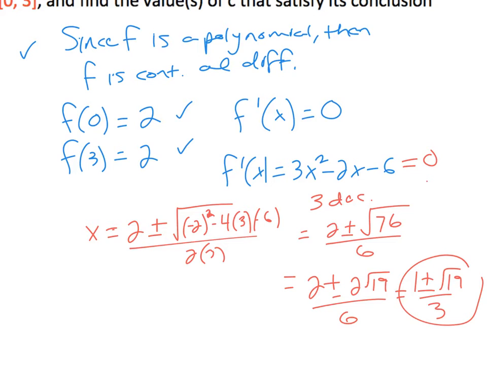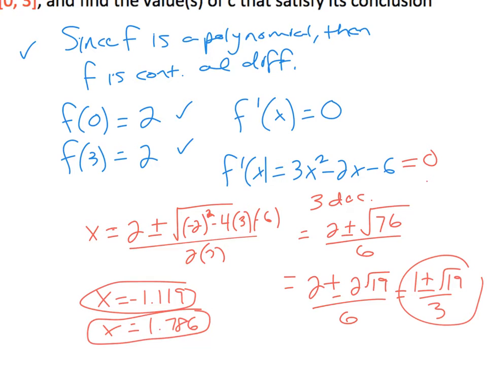And if you did second trace, zero, instead, one of the answers is negative 1.119, to 3 decimal places, and the other one is 1.786. So these would be my 2 values that satisfy the conclusion of Rolle's theorem.